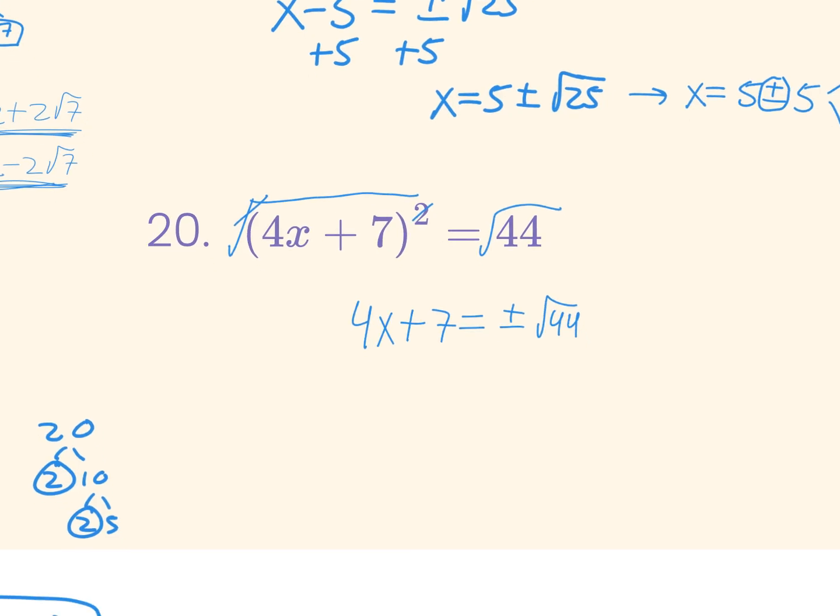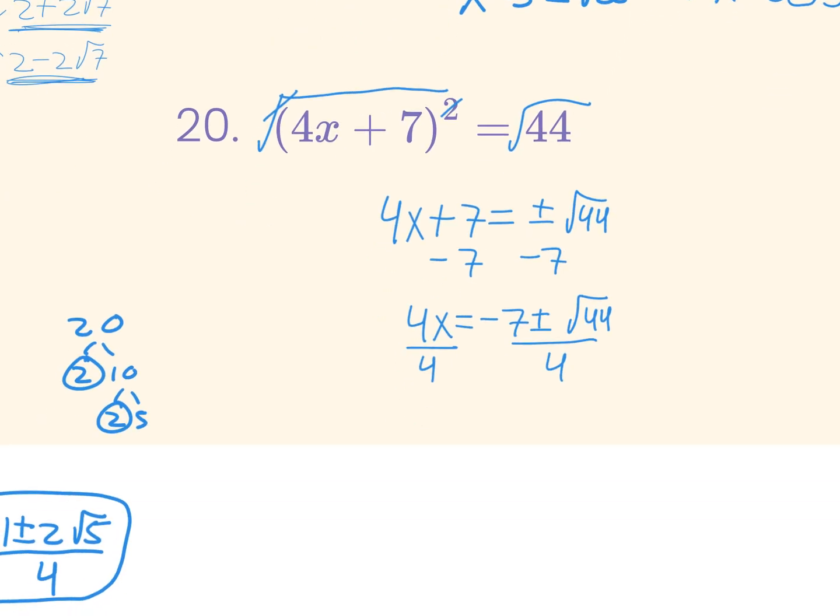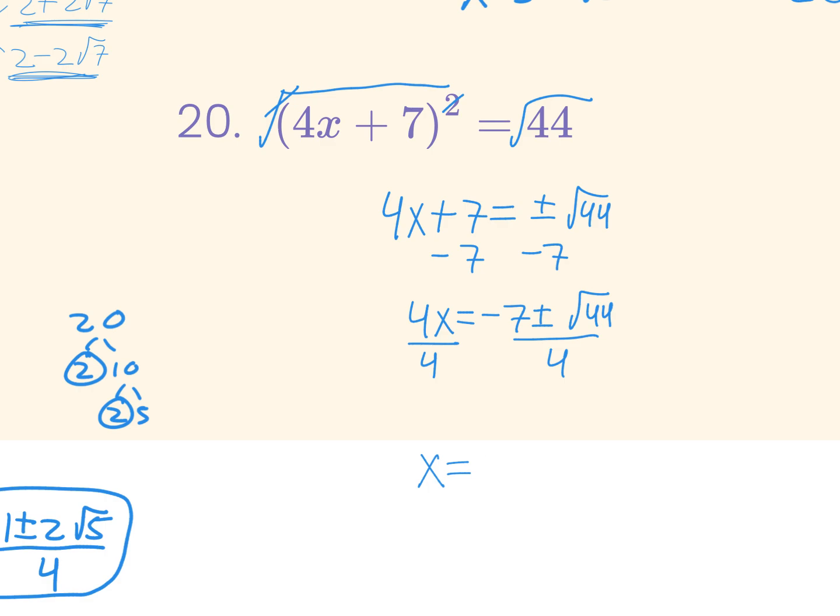And then again, 2 steps to get your x by itself. I'm going to subtract 7 on both sides. And so I get 4x equals negative 7 plus or minus the square root of 44. And then lastly, I'm going to divide both sides by 4. And so I get x equals negative 7 plus or minus the square root of 44 over 4.